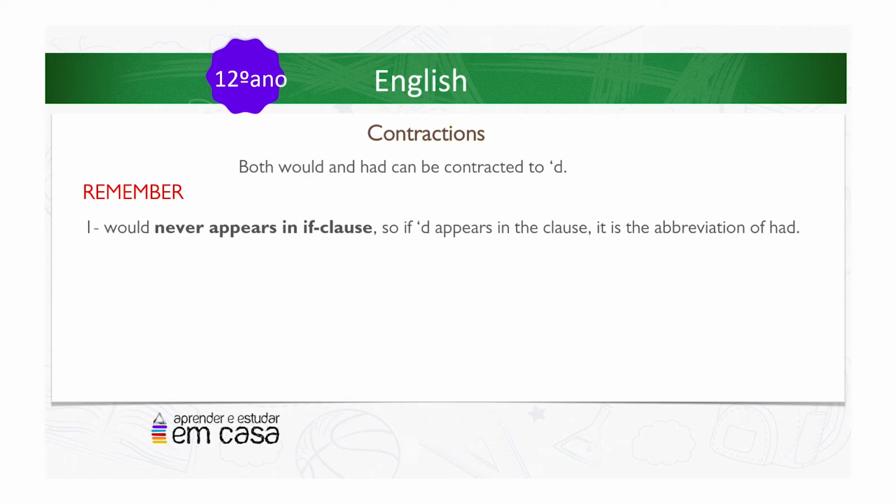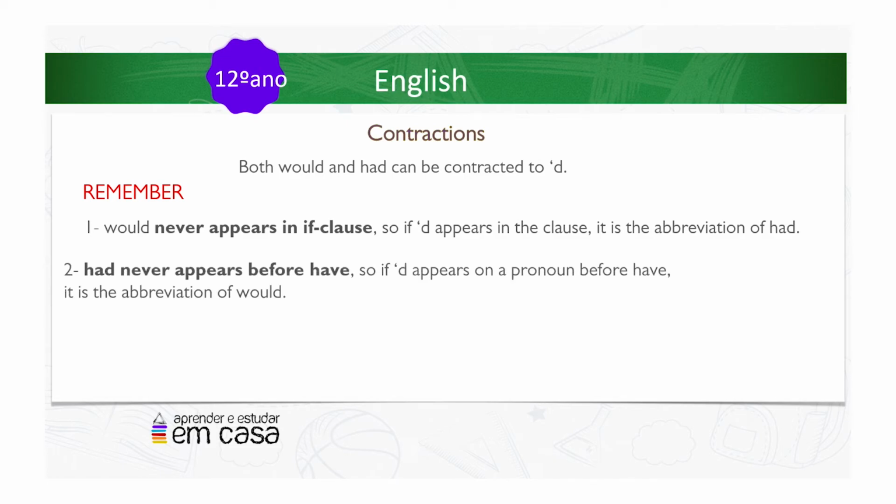So if you see D in the if clause, you know that is had, the abbreviation for had. And had never appears before have. We cannot say "had have." We say "have had," but not "had have." So if it appears on a pronoun, it is the abbreviation of would.